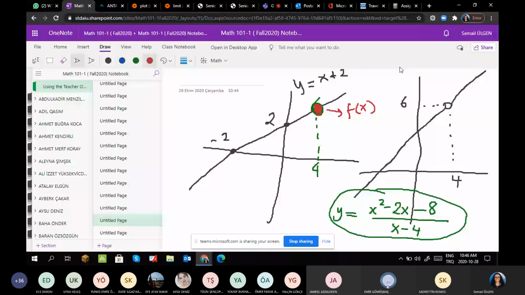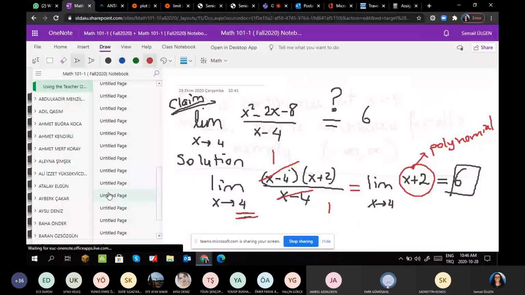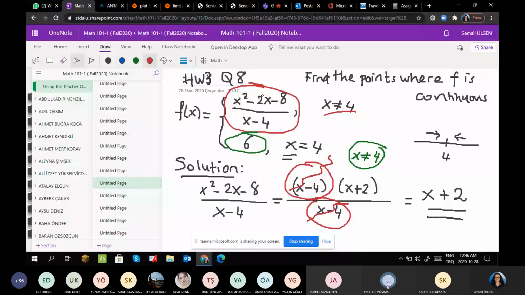But this one is just one piece, it is not continuous at 4. Look. But we make it continuous by defining it. Let me go back to the function. Here, this is not continuous at 4, but we make it continuous by extending this function by defining it as 6.